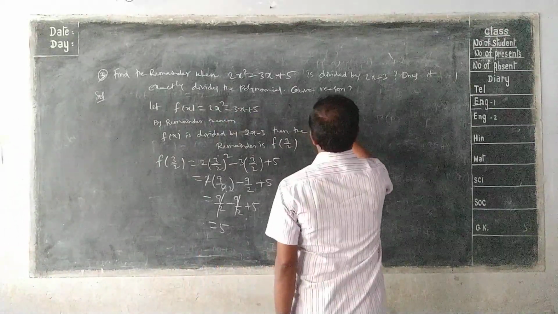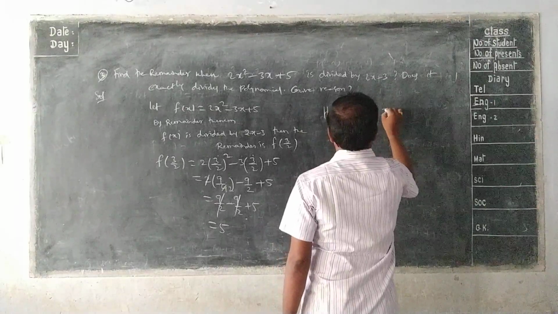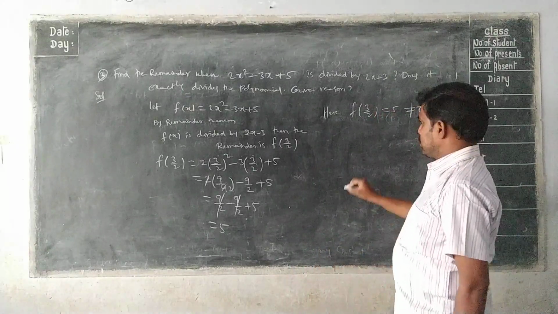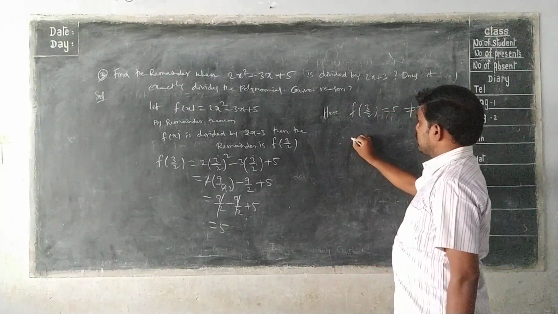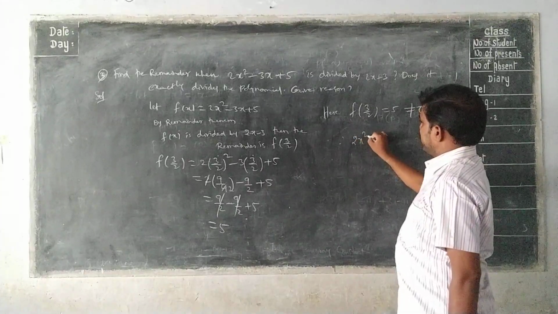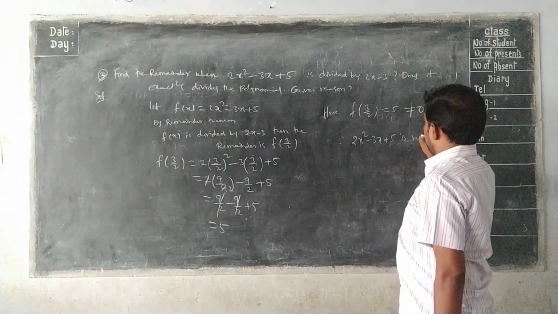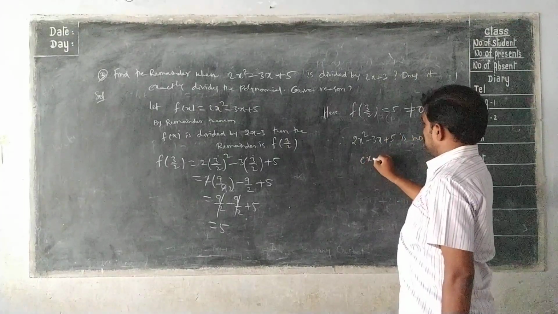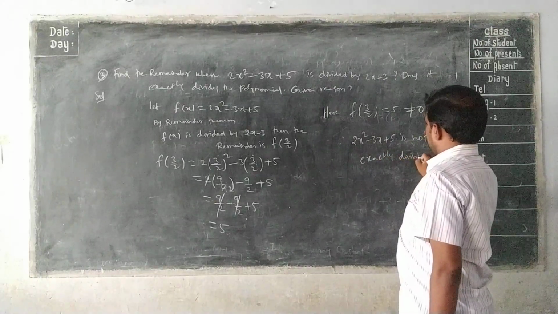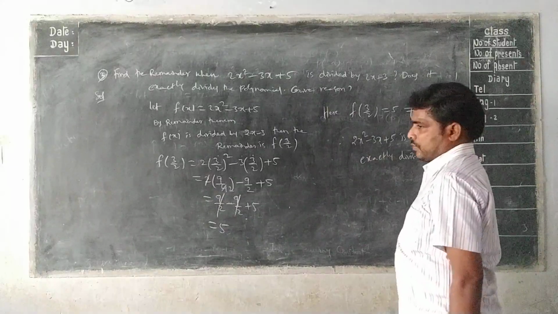So that you have to write the reason. Here f of 3 by 2 equal to 5, which is not equal to 0. Therefore 2x square minus 3x plus 5 is not exactly divisible by 2x minus 3.